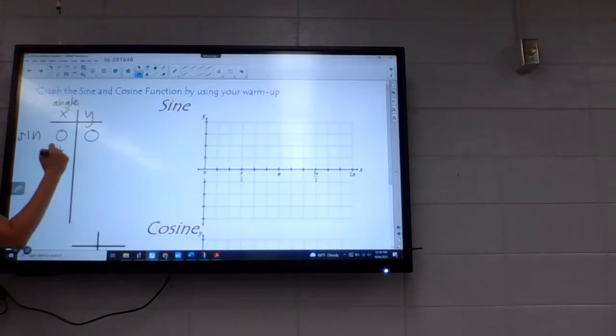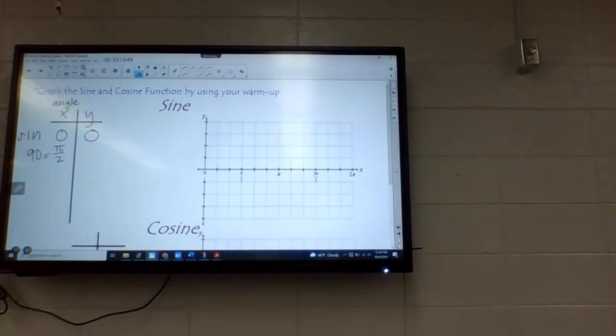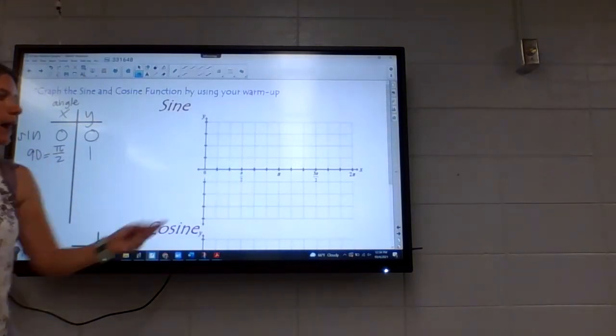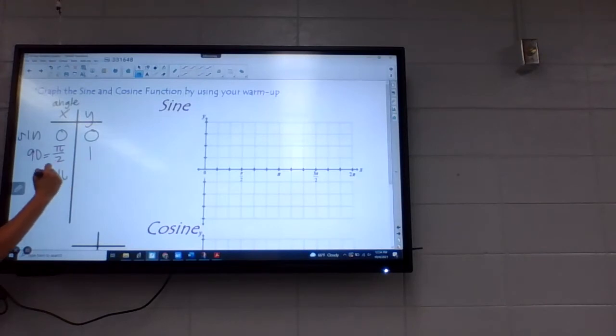So pi over 2 is the same thing as 90 degrees, and we just talked about that. What's the sine of 90? What did we just do in our top? Sine of 90 is what? 1. Yep. The next thing on our graph is pi, which is 180.